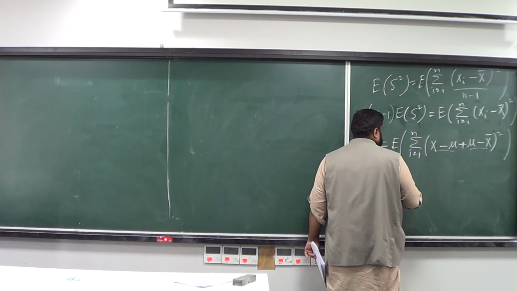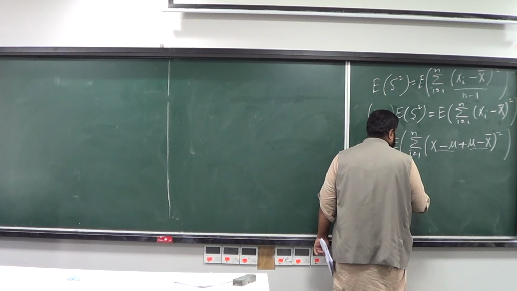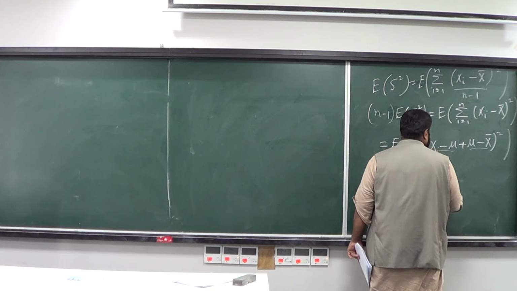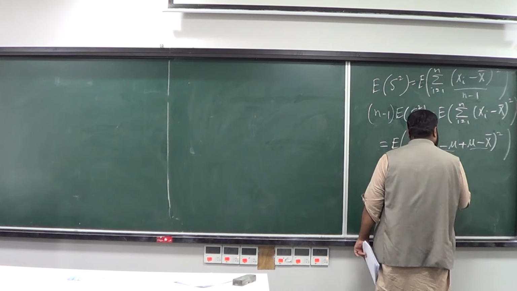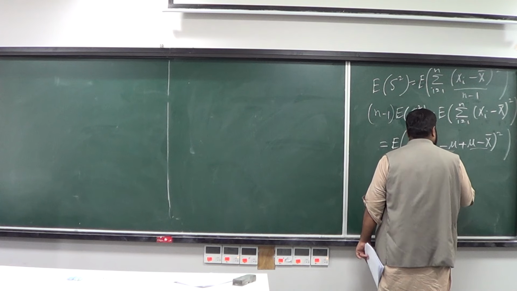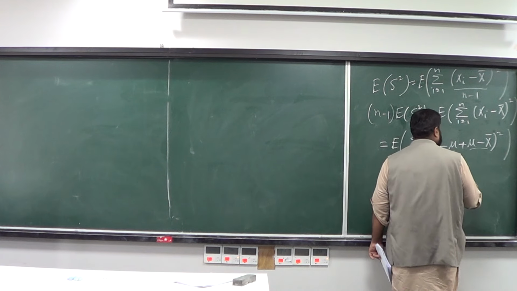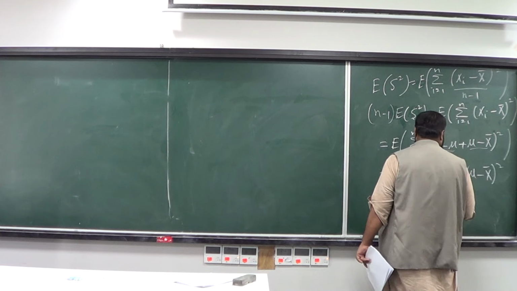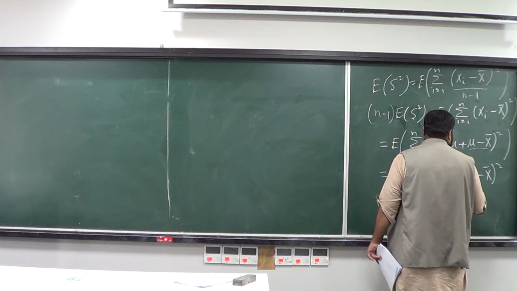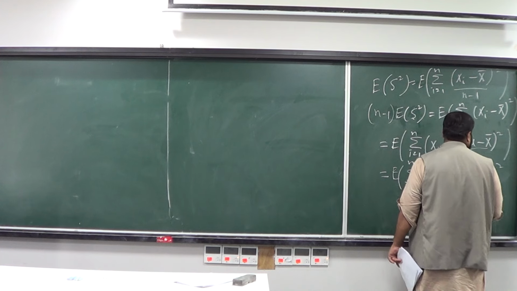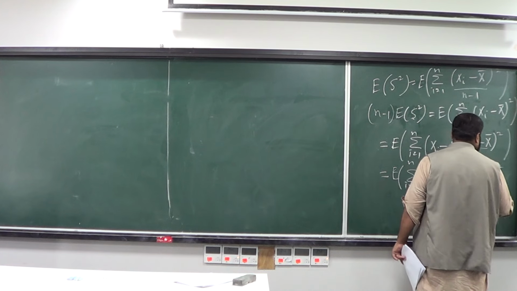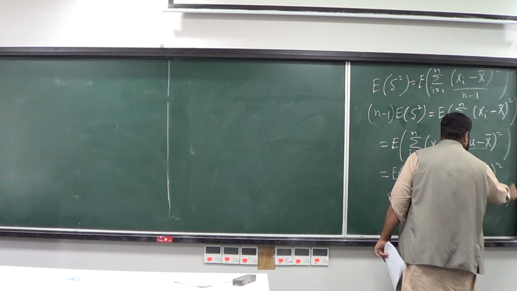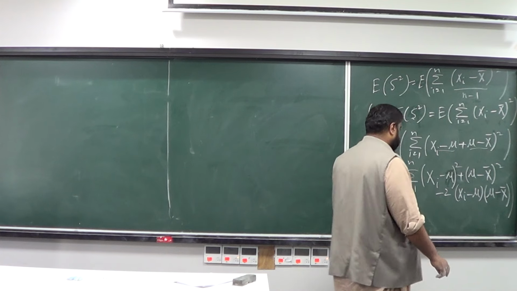So it's going to be the expectation of the sum that goes from i equal to 1 to n of (xi minus mu) square plus (mu minus x bar) square and minus twice of, say, (xi minus mu) times (mu minus x bar). Okay, this is what you're going to get.